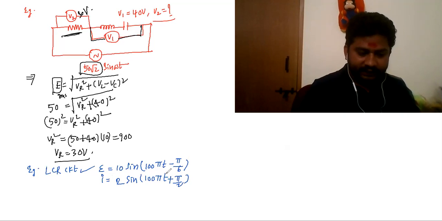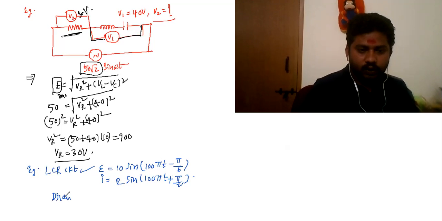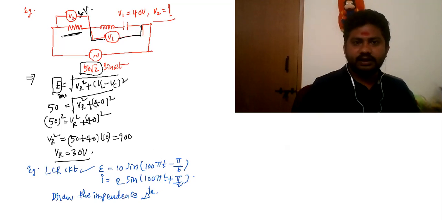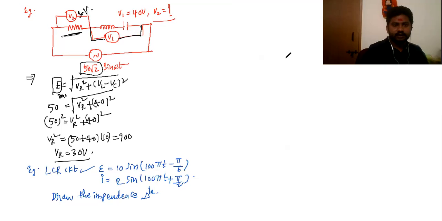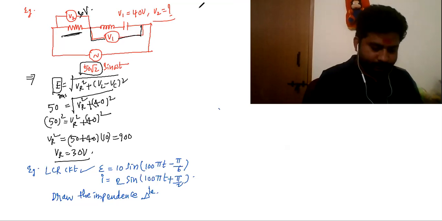Right, it's given like that. The question is, draw the impedance triangle. What do we need to find? You need to draw the impedance triangle. All right, so let's have a look at the impedance triangle. Let me draw an impedance triangle. So let's start.